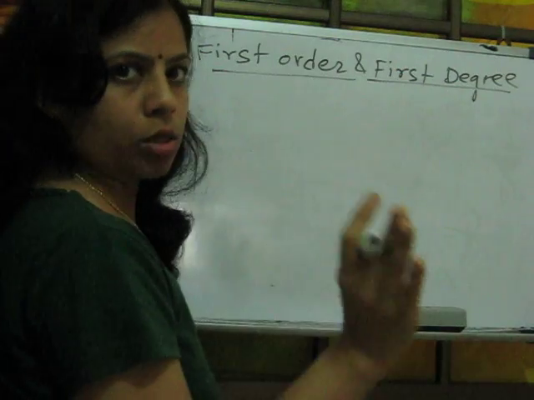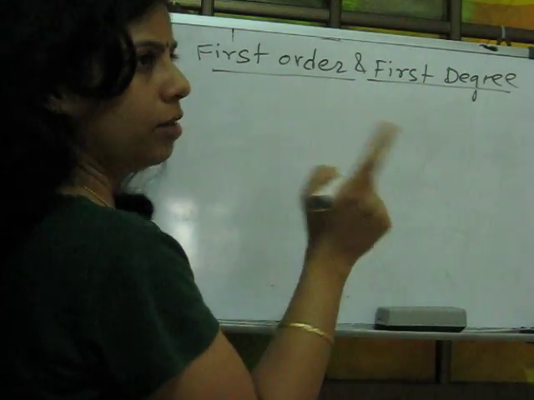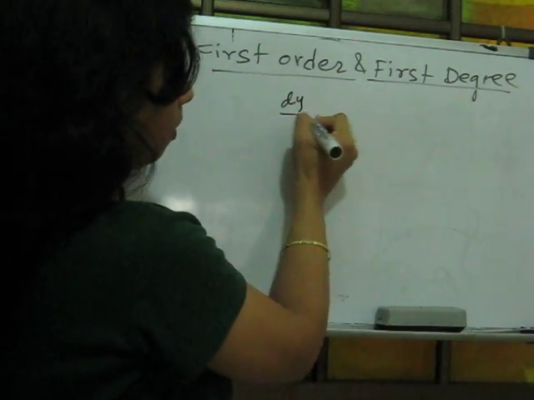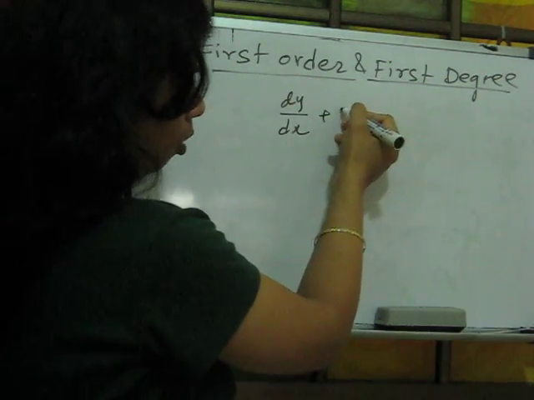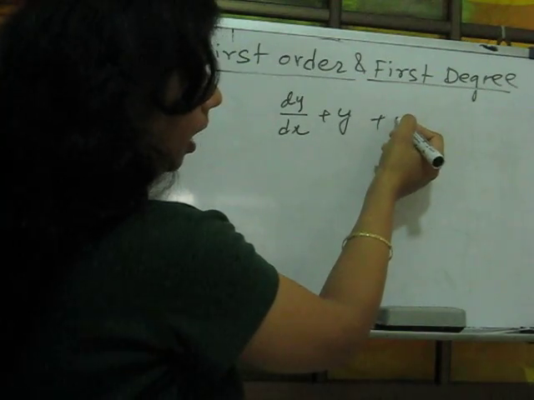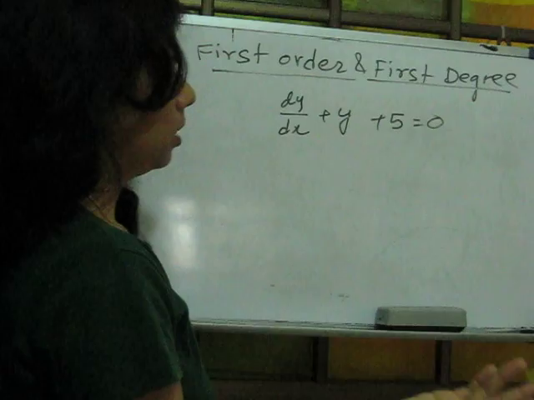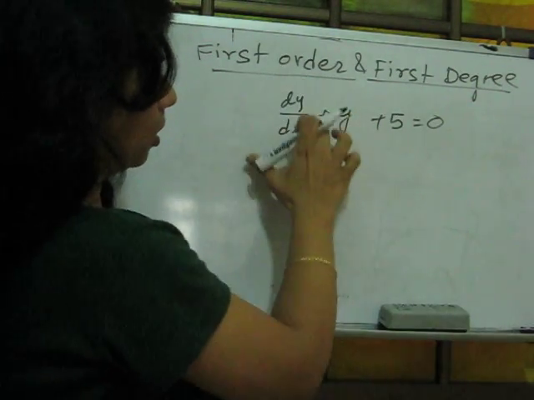In a first order, first degree differential equation, you always see a first order derivative like this plus something of this plus something of any other constant equal to 0. This is a first order, first degree differential equation. Okay, order is 1, degree is 1.